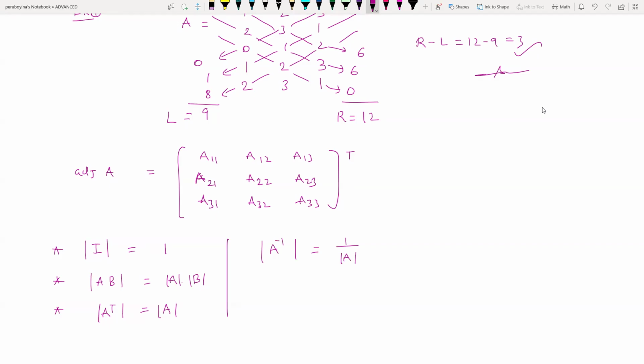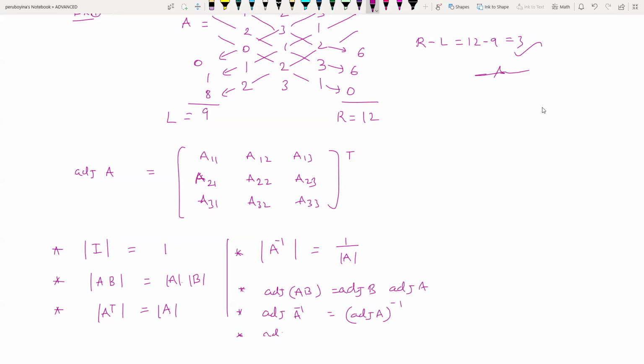And let us observe some adjoint properties also along with this. Later we will mix these two concepts together and study. So adjoint of AB will be equal to adjoint B into adjoint A. And adjoint of A inverse is equal to adjoint A whole inverse.